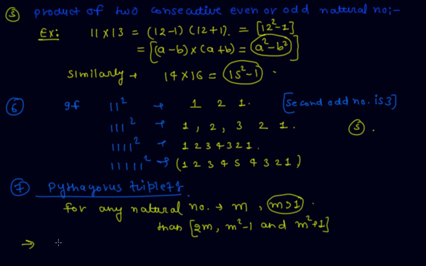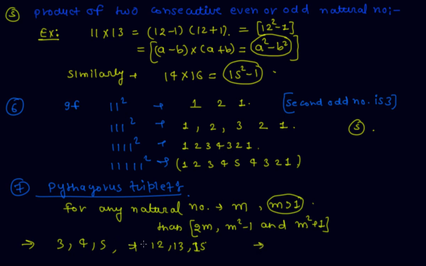A Pythagoras triplet is three numbers like 3, 4 and 5, like 5, 12 and 13. All these form Pythagoras triplets.